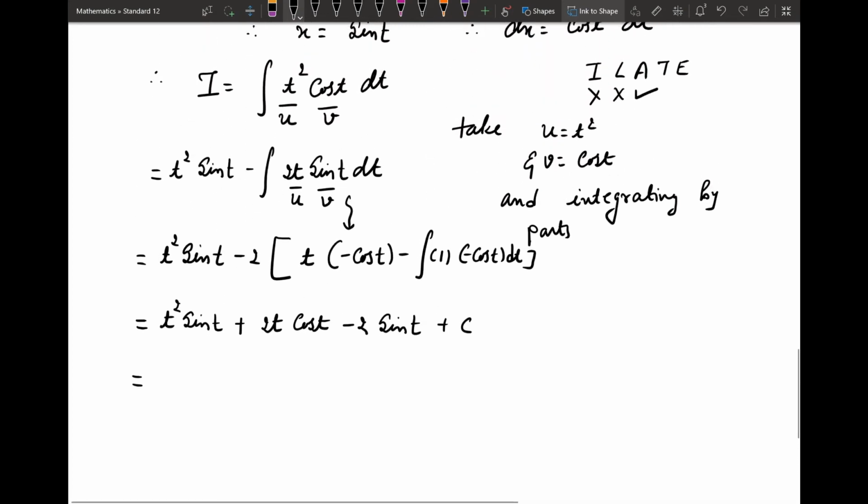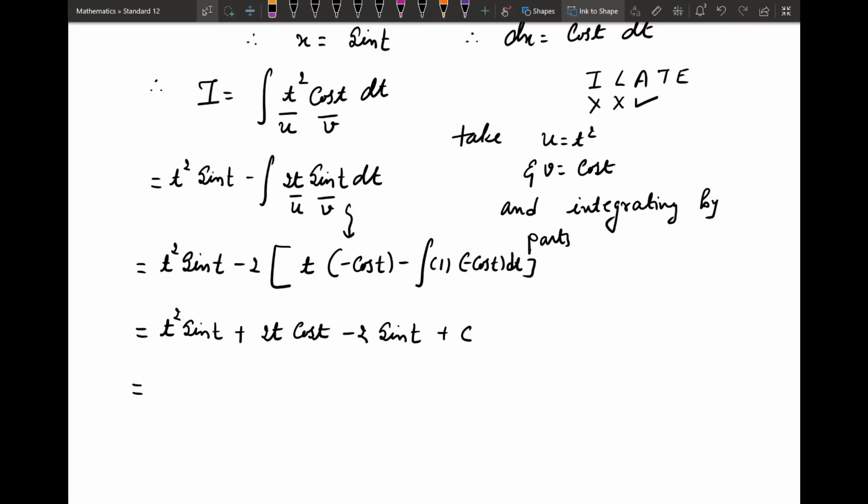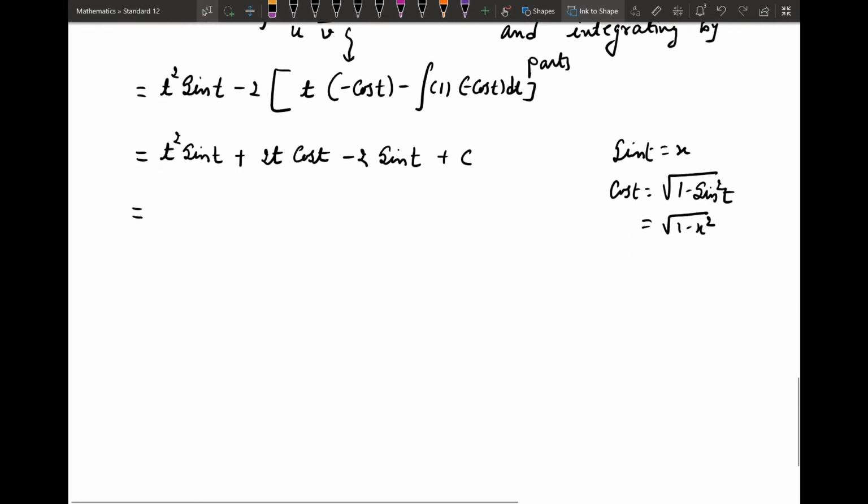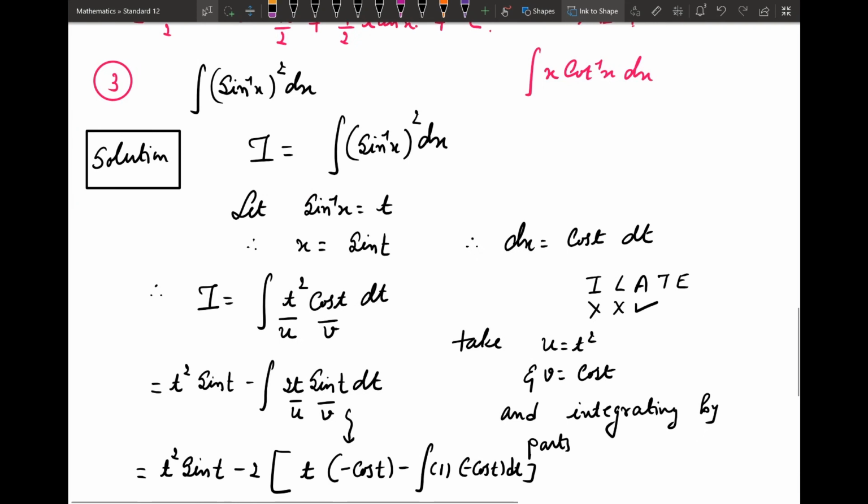Now our original variable is x. So sin t equal to x, and cos t is under root 1 minus sin square t, so it will be under root 1 minus x square. So we convert our answer in terms of our original variable x. So t equal to sin inverse x.